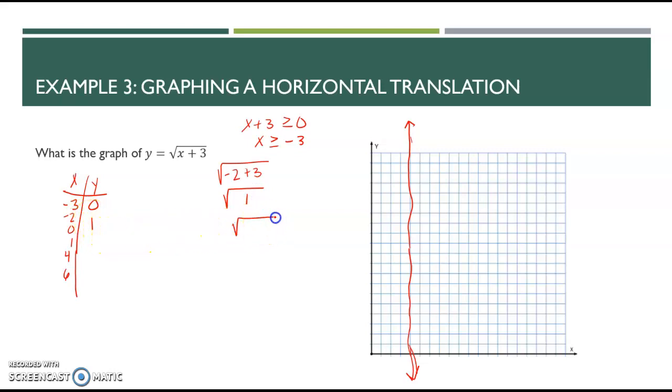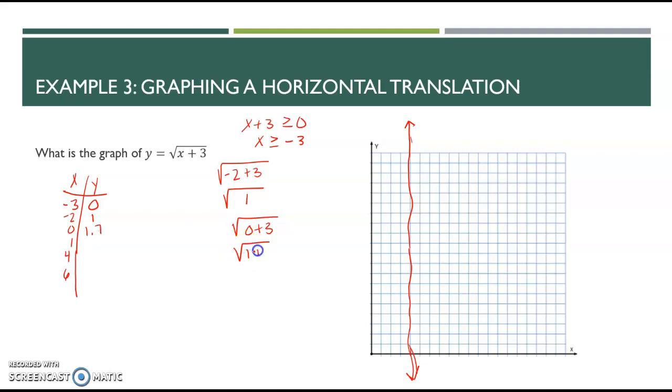I'm going to do the square root of 0 plus 3, which is approximately, this one is a little too big. So when x is 0, I get the square root of 3, which is approximately 1.7.